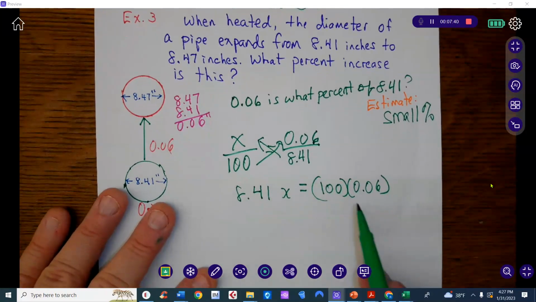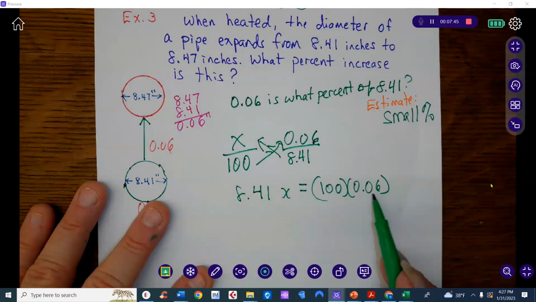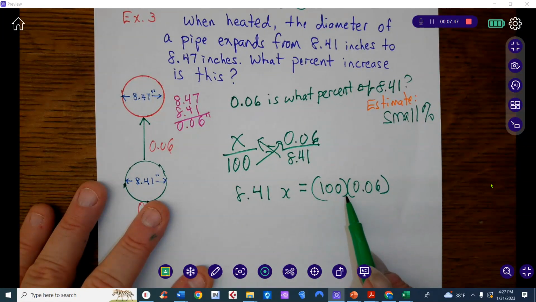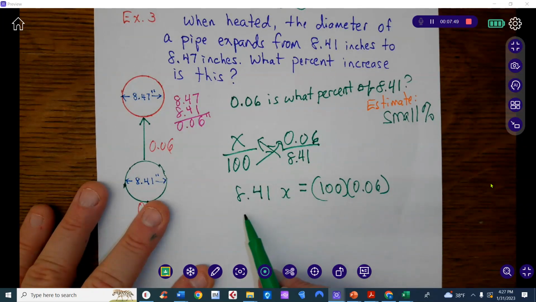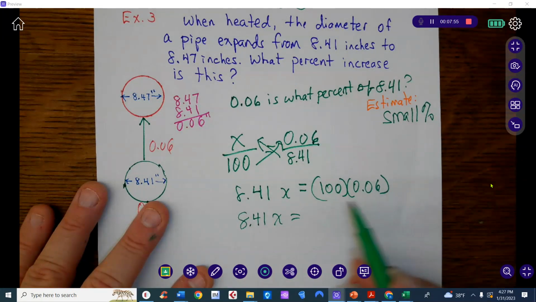If we multiply something by 100, we move the decimal point over as many places as there are zeros. So 8.41x is equal to, we move the decimal over 2, 6.